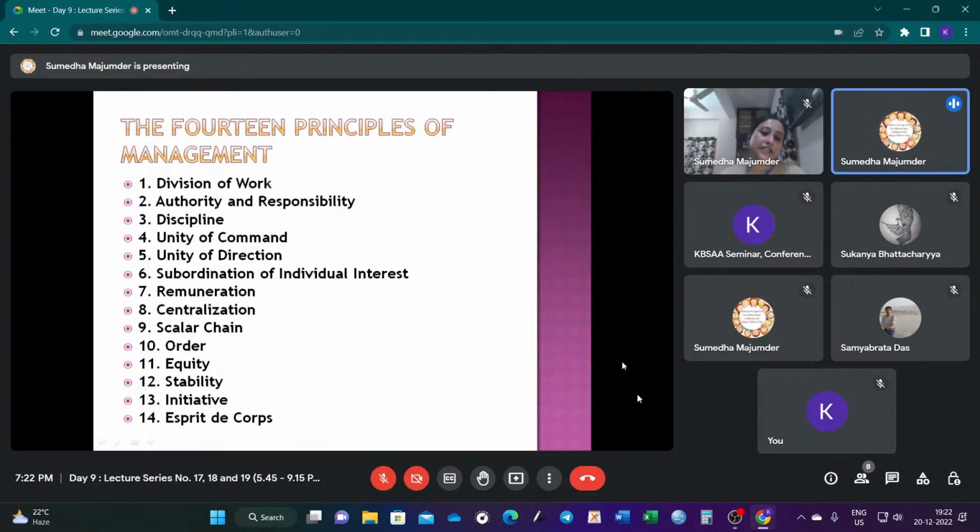And initiative: if any worker wants to take any better initiative for the betterment of the company with making some short term changes, then definitely the business has to welcome this initiative and esprit de corps. That means the total unity is important, because the individual work of any worker is not sufficient. And also these principles of management are considered by several other authors.